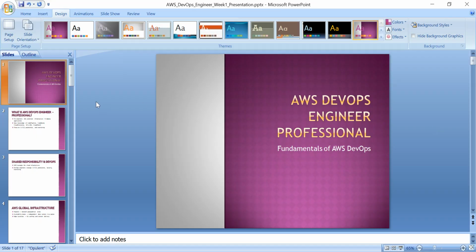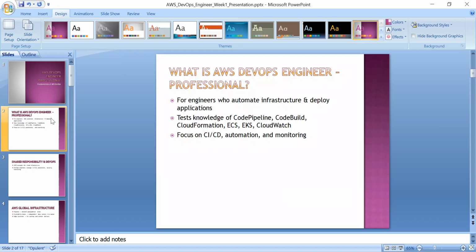So, what is AWS DevOps Engineer Professional? In simple words, it is basically for engineers who automate infrastructure and develop applications. In this exam you have to show knowledge of CodePipeline, CodeBuild, CloudFormation, ECS, EKS, CloudWatch, and also focus on CI/CD automation and monitoring.